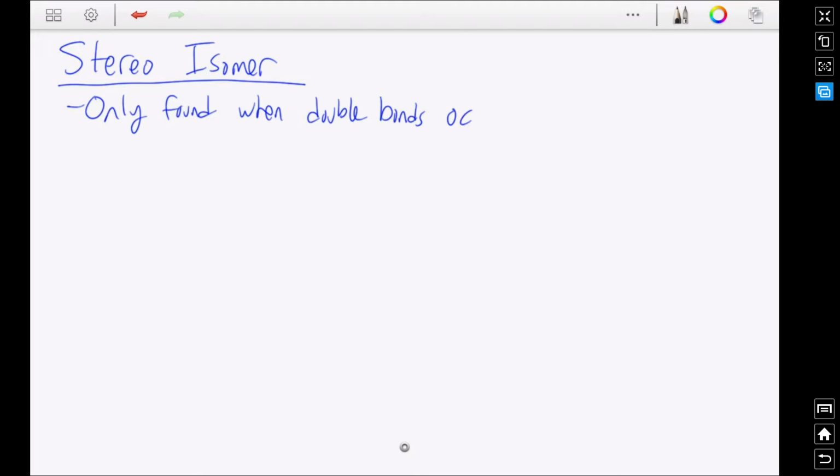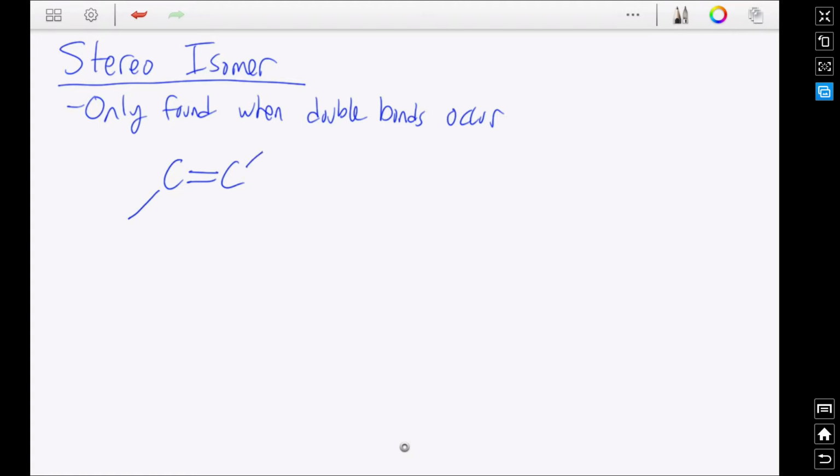Double bonds occur. Okay. So, in a hydrocarbon chain, a double bond between carbons will result in the following structure. So carbon, carbon, carbon, like that. Now because of the way that the electrons are arranged, there are two possibilities for things branching off of this carbon.